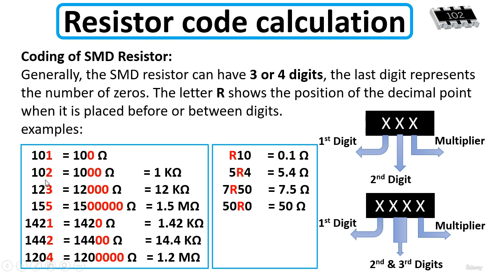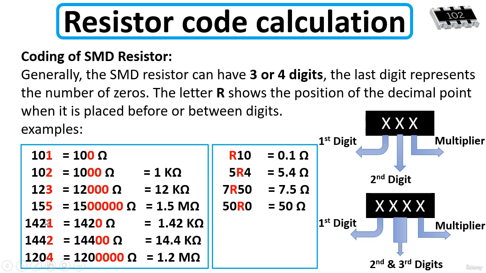As you can see, the multiplier is 2, so we add 2 zeros, equal to 1 kilo ohm. 123, we add 3 zeros, so equal to 12 kilo ohms. 155, we add 5 zeros, meaning 1.5 mega ohms.